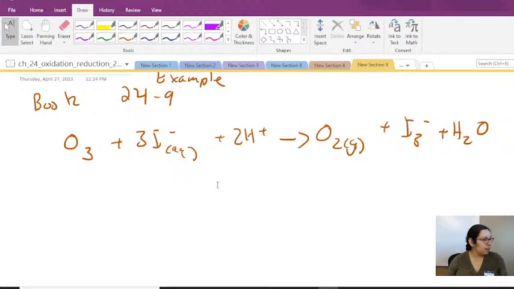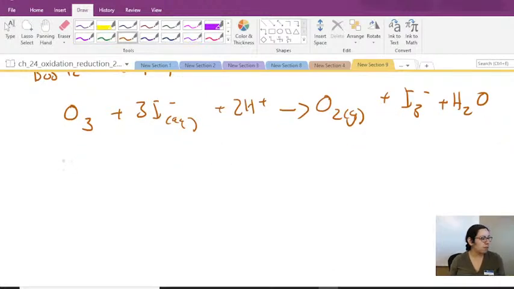And then the concentration is determined by titrating the sodium thiosulfate with the iodine here. And so that reaction is given. And again, they're just showing you the relevant ions.